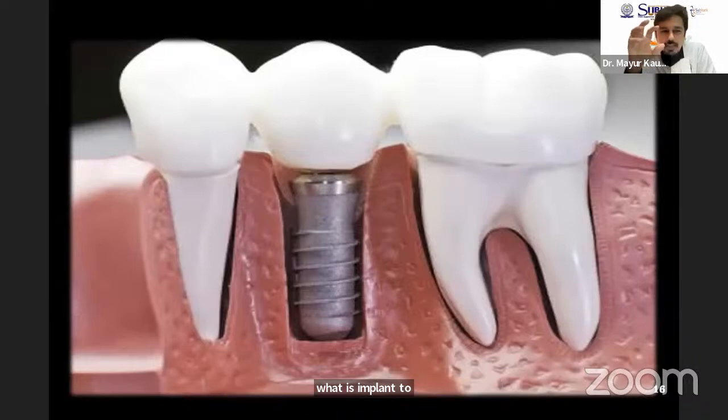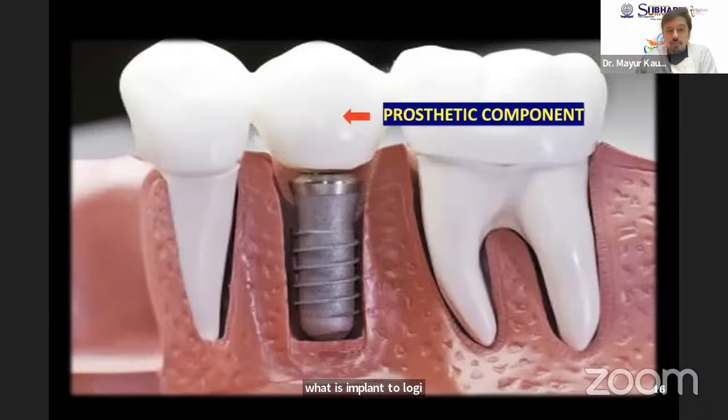Many a times we are obsessed with the prosthetic component, the crown part. But one thing we have to remember is that the prosthetic component, the implant, the crown, comes much later. First and foremost, this prosthetic component, the suprastructure, has to rest on this structure, the implant.